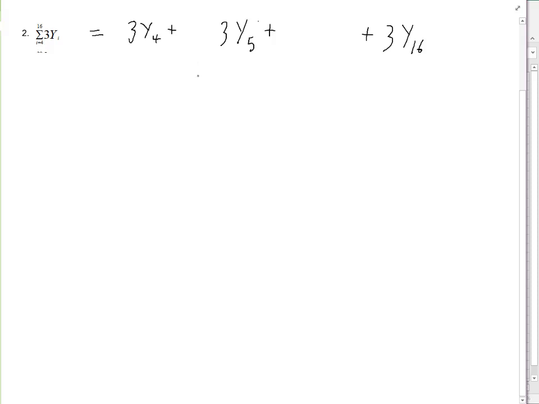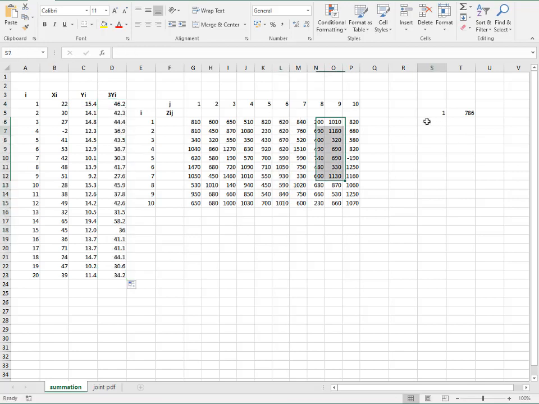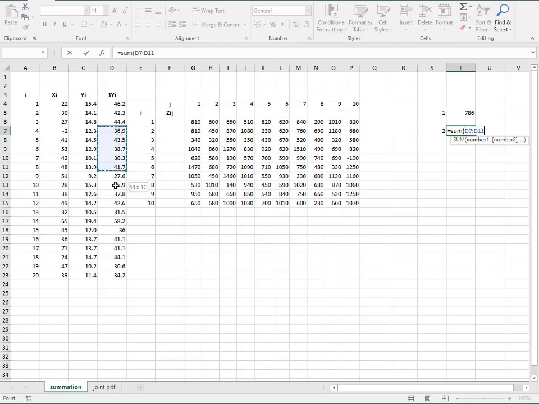So to calculate this, what I could do on the spreadsheet is put in another column here, 3yi, and multiply them like this, up to the top, and over here, question 2. So over here we have 3yi, and I'm going to sum them from the 4th one up to the 16th one inclusive. Okay, so you get 511.8.